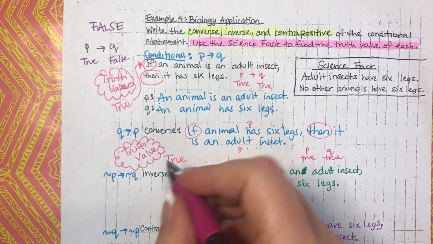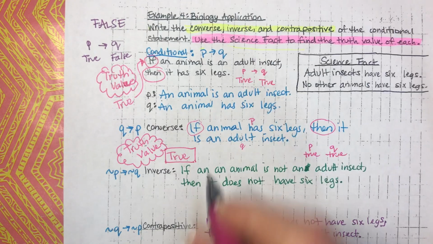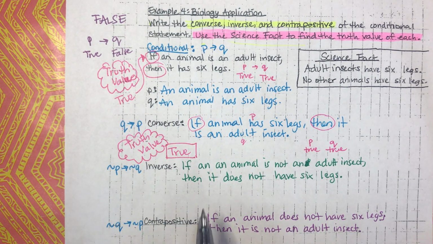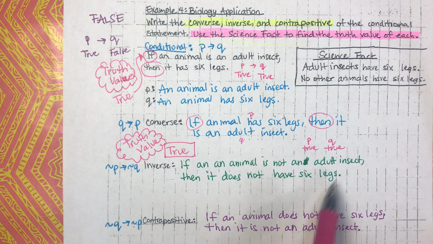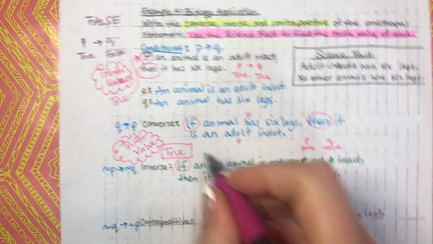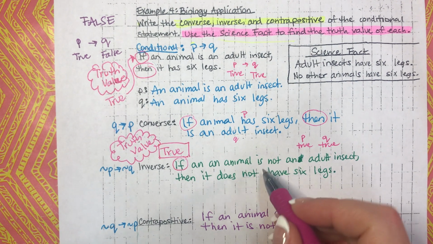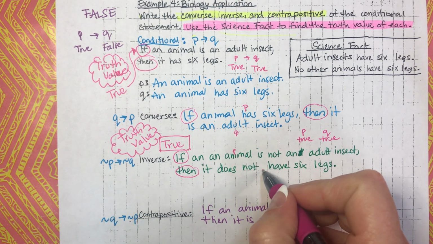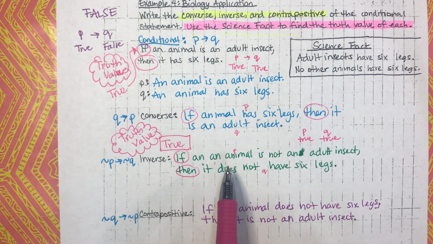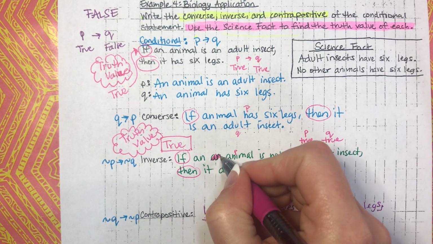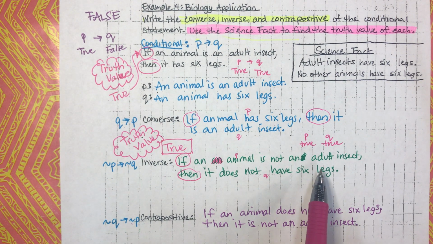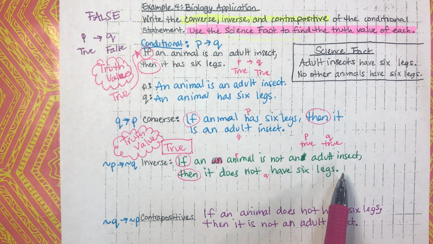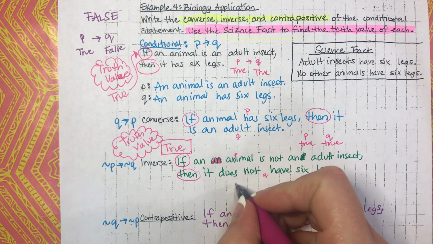Okay. Now let's look at the inverse. And like I said, we know it's the inverse and we know stuff's all swapped, but we're just going to look at this as if it was a normal conditional statement with our if and our then. And this would be P and this would be Q. So it says if an animal is not an adult insect, okay, so we have something that's not an adult insect.